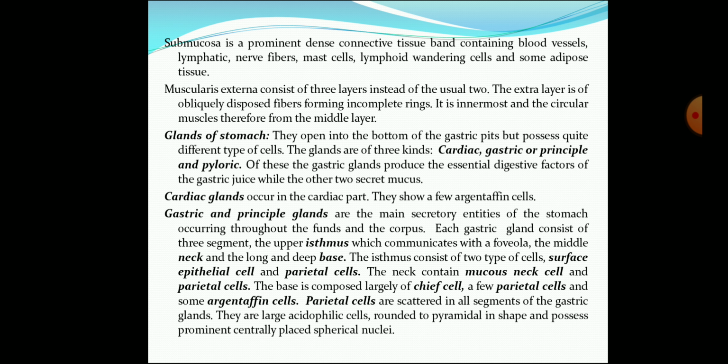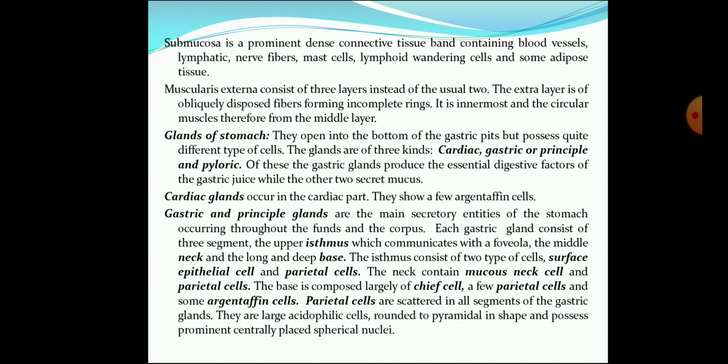The isthmus consists of two types of cells: surface epithelial cells and parietal cells. The neck contains mucous neck cells and parietal cells, while the base is composed of chief cells, few parietal cells, and some argentaffin cells.